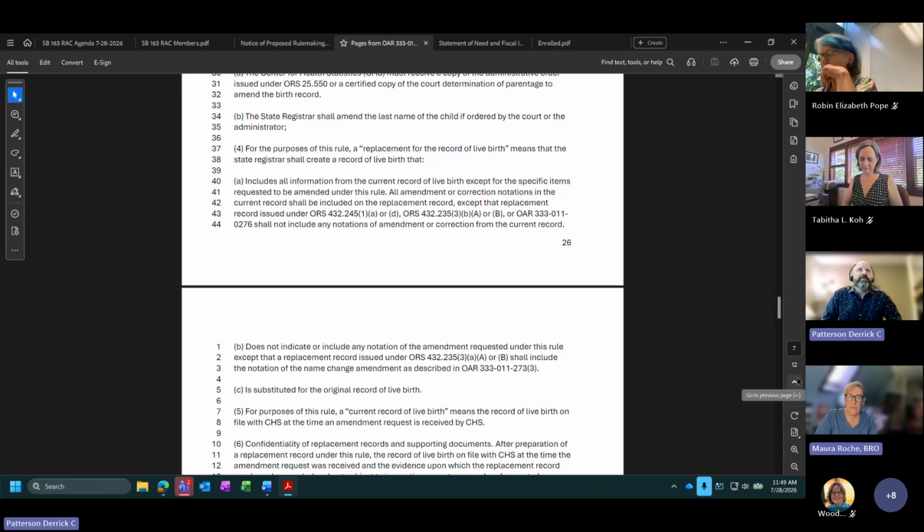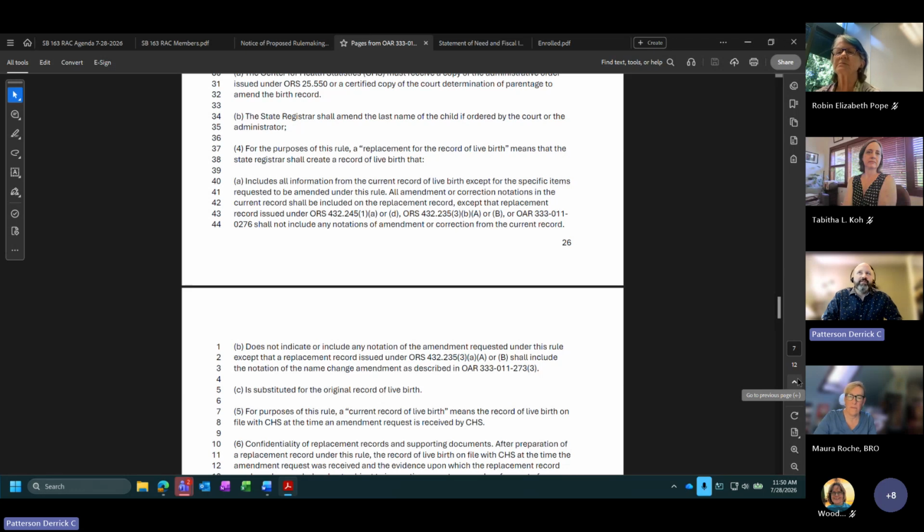Section 4, for the purposes of this rule, a replacement for the record of live birth means that the state registrar shall recreate a record of live birth that A, includes all information from the current record of live birth except for the specific items requested to be amended under this rule.